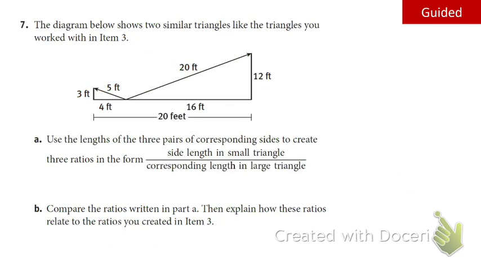The diagram below shows two similar triangles like the triangles you worked in item 3. Now, we didn't work a triangle in item 3, but that doesn't mean that we can't do this. Use the length of 3 pairs of corresponding sides to create 3 ratios in the form of side length in small triangle over corresponding length in large triangle. Notice that they always do small on top and large on the bottom. Compare these ratios in part A, then explain how these ratios relate to the ratios created in item 3.